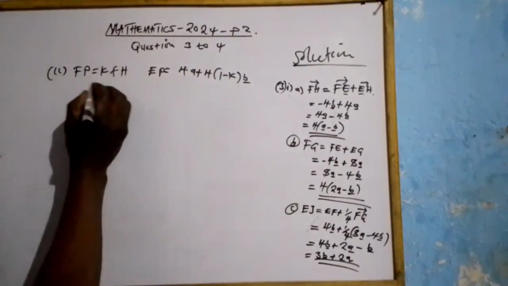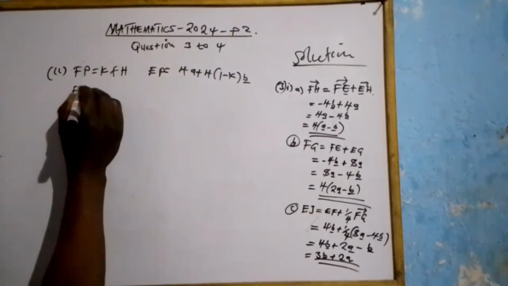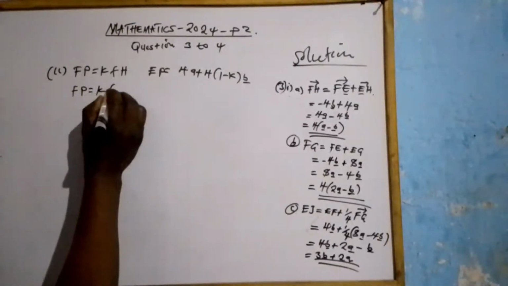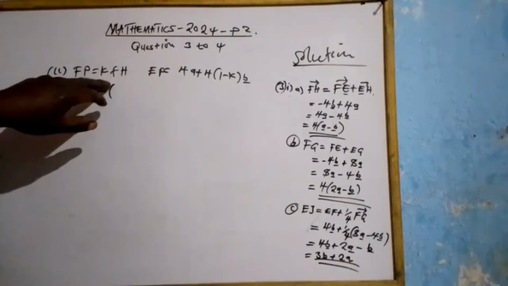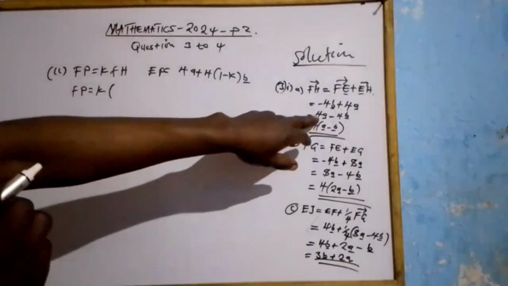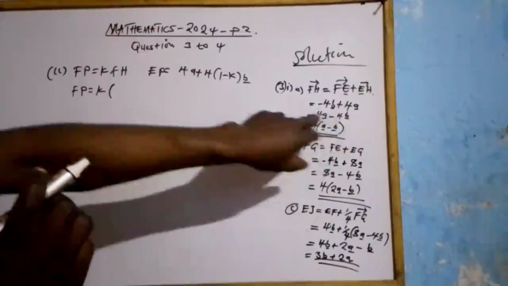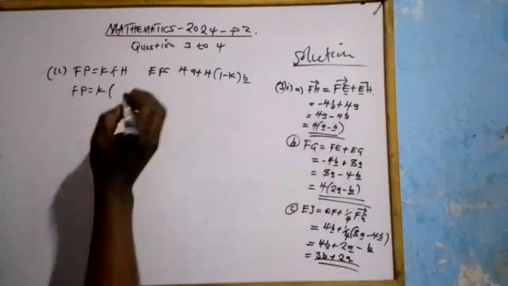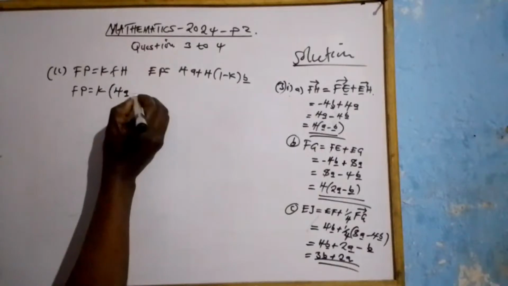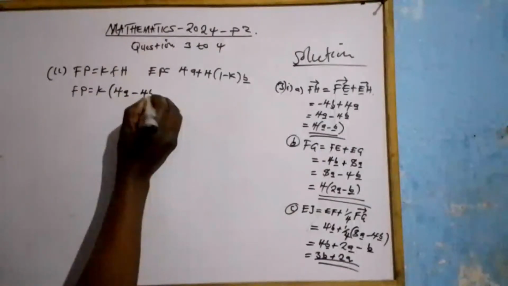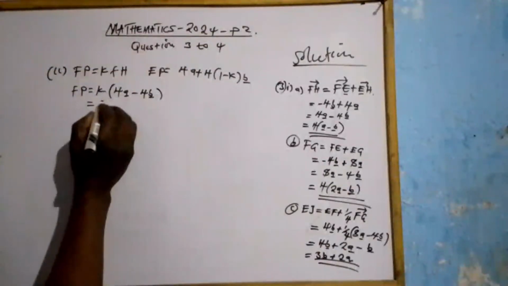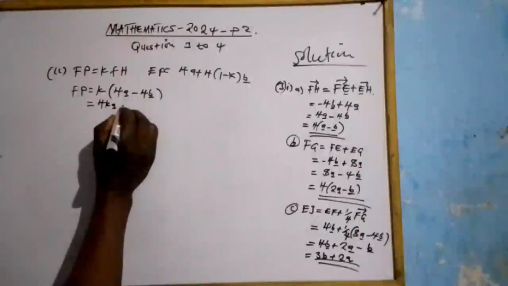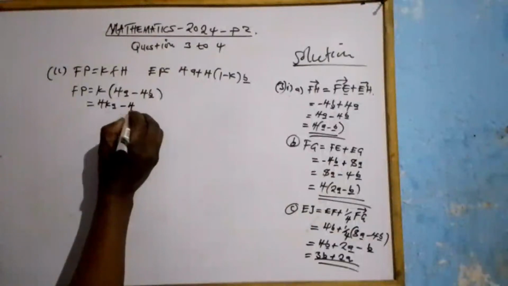So now we all know that FP is equal to K then open bracket. We have found that FH is, so we're going to take this expression which we have here, 4A minus 4B. Then when you multiply K times the 4A, you're going to have 4KA then minus 4KB.